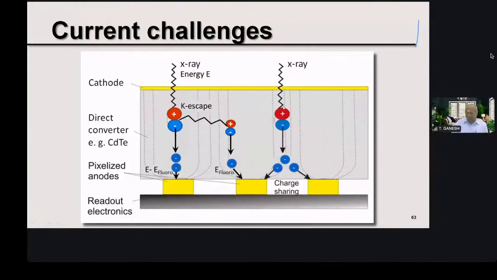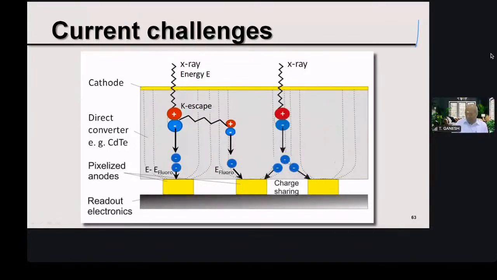this is the X-ray photon interacting and producing a charge cloud. As long as this part is here, it will be collected by this pixelated anode.